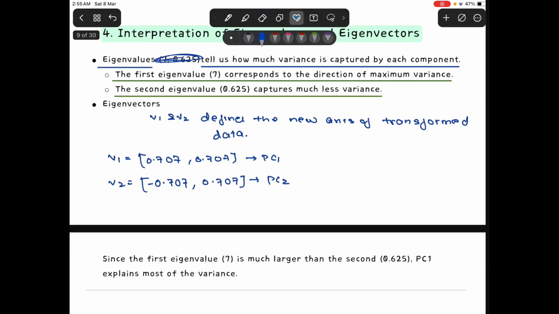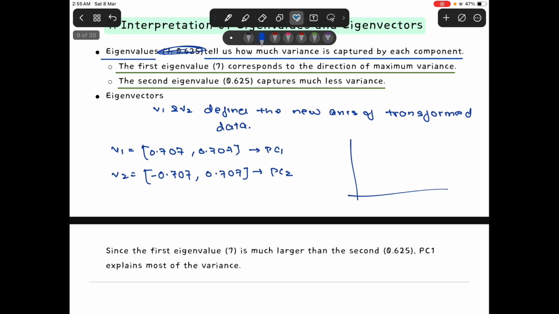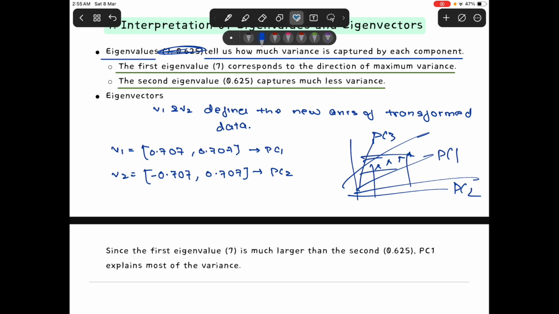If we have principal components like PC1, PC2, PC3, and data points like this, obviously PC1 has more variance than PC2. And let's take this as our PC3. PC3 has much less variance than PC2 and PC1.